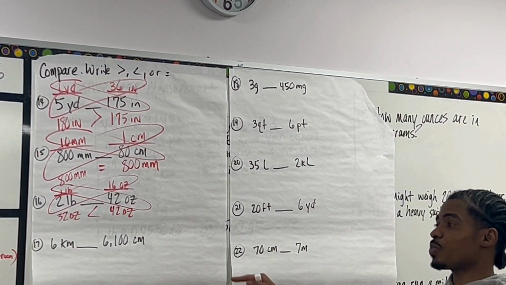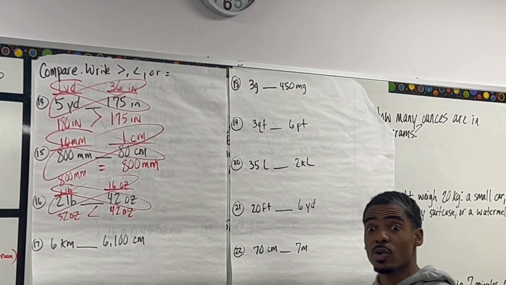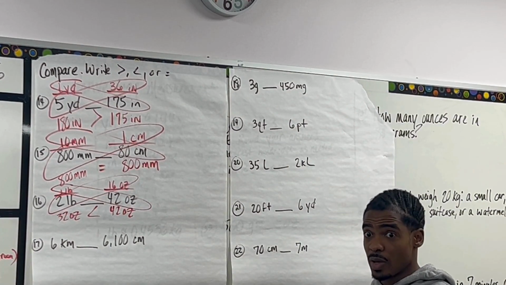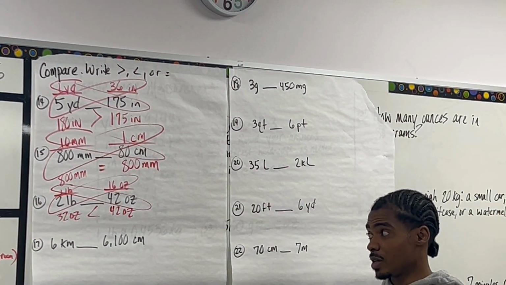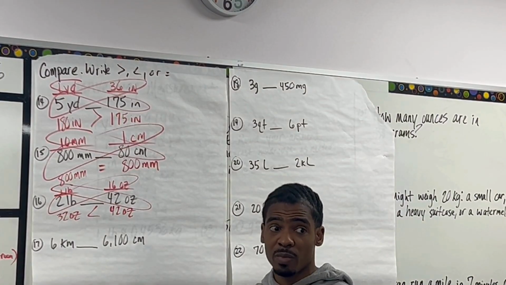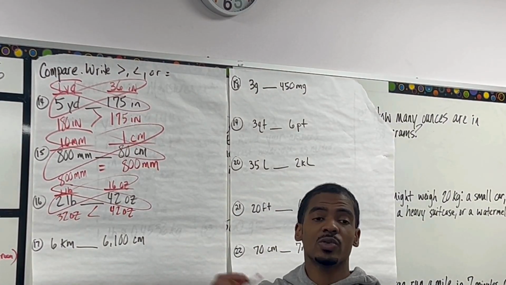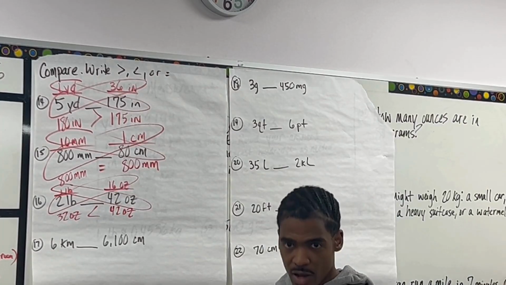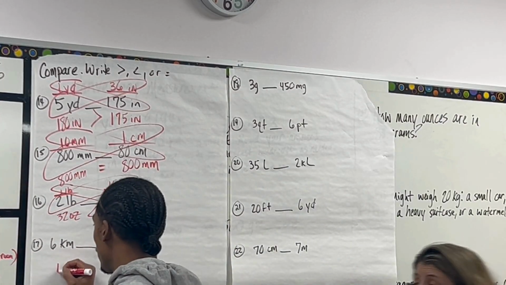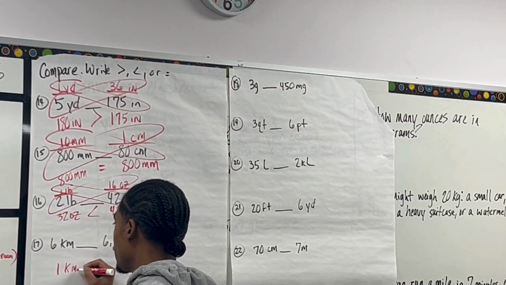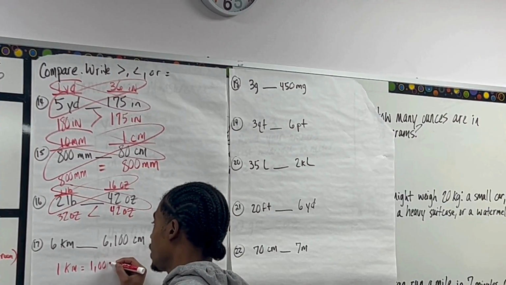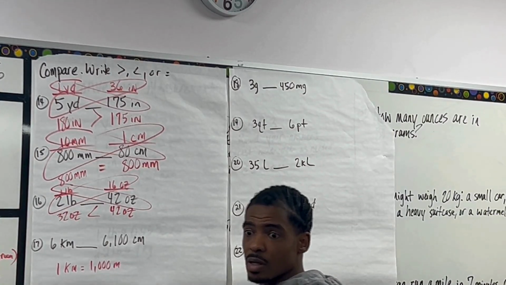Now this one is probably one of the most challenging because we are going from kilometers to centimeters. The first thing you got to think, I need to go from kilometers to meters. Once again, when you see that prefix kilo, what number should you be thinking? 1,000. So 1 kilometer equals 1,000 meters.